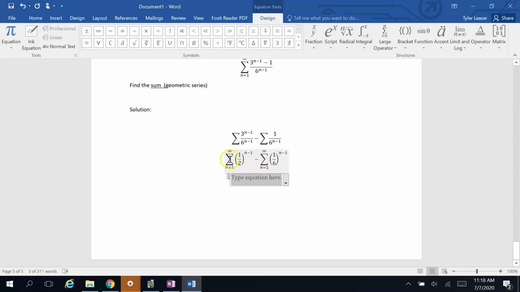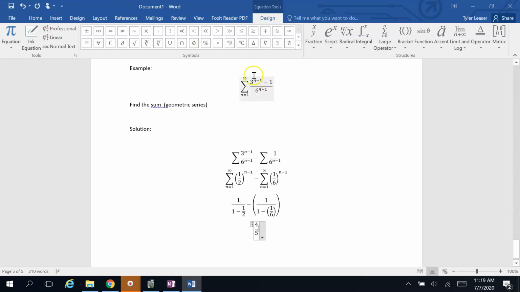This one is going to be a over 1 minus r, which is 1 over 1 minus 1/2, minus this other one is going to be 1 over 1 minus 1/6. Good enough. Okay, and then you just type all that into the calculator or fiddle with it a little bit, and you should get 4/5. So this series here will eventually converge to 4/5.